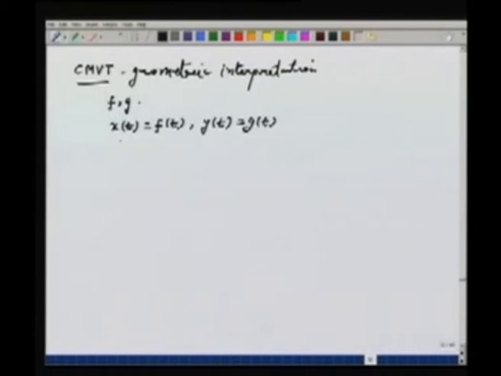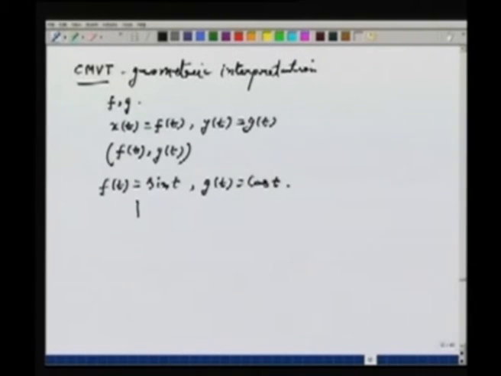So the points on the curve are given by (f(t), g(t)). As an example, I can look at f(t) equals sin t and g(t) equals cos t. If t varies from 0 to pi by 2, I will get something like this as my curve.